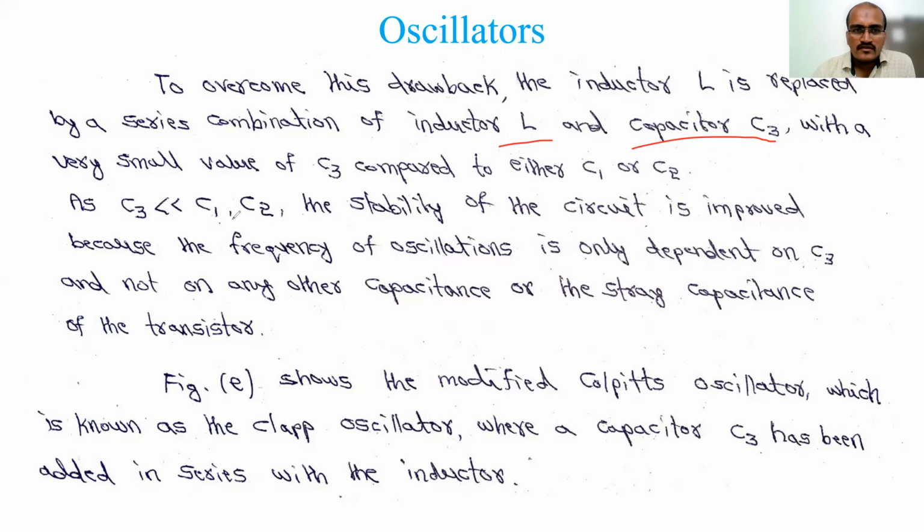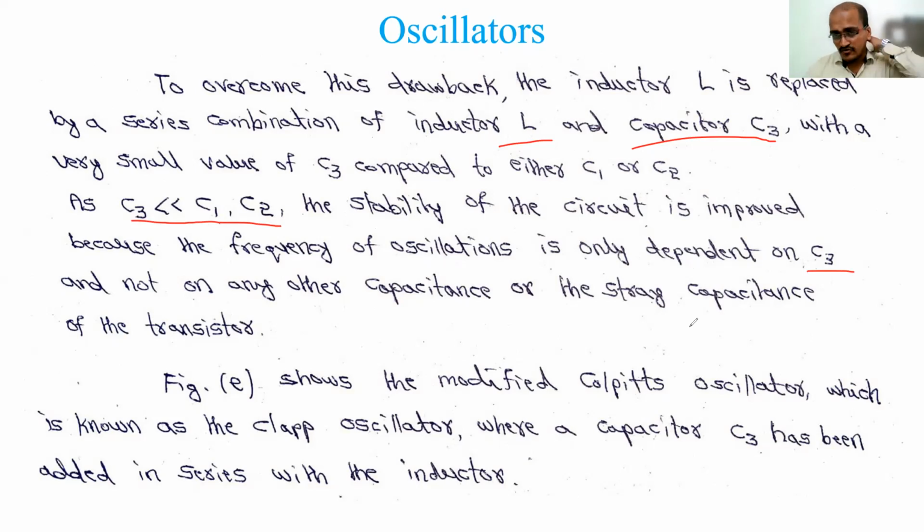As C3 is much lesser than C1 and C2, both being larger, the stability of the circuit is improved because the frequency of oscillation is now dependent only on C3. Its dependency is focused on C3 and not on any other stray capacitance of the transistor. When you take a very small capacitance in series, what will happen?